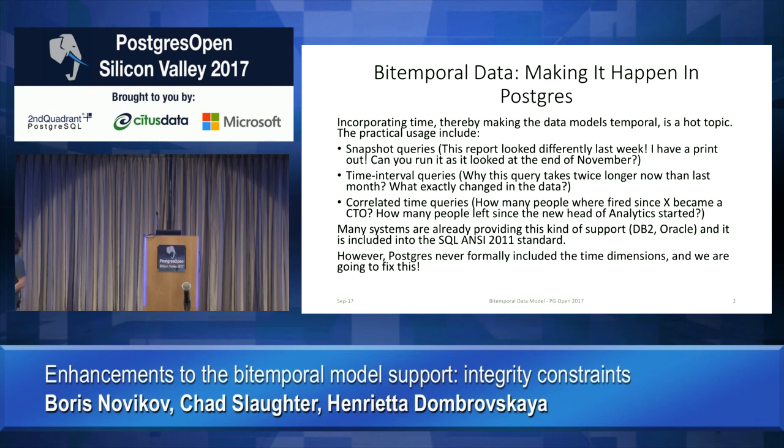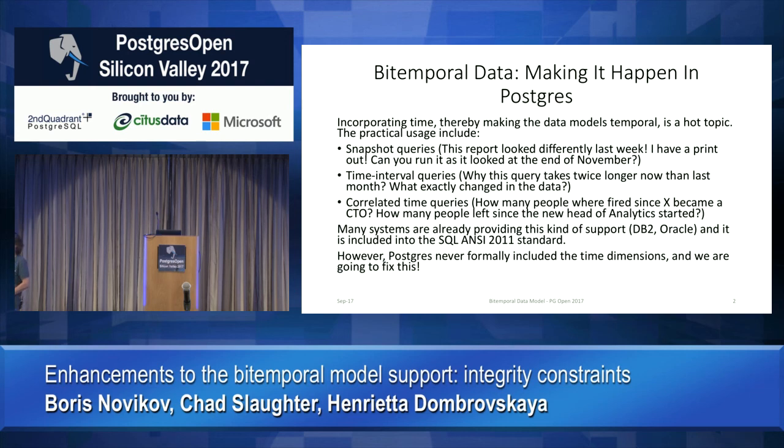For example, we had a query, now it runs way slower, and what exactly changed with the data that it becomes slower, how the data changed through a certain interval of time.